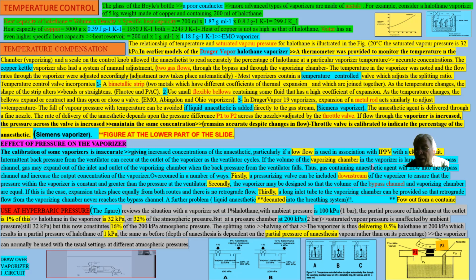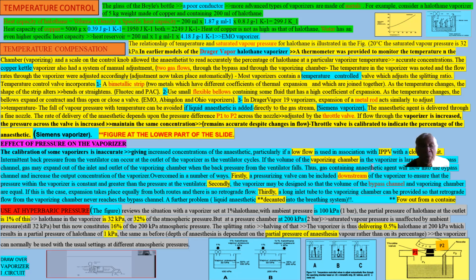This difference in pressure across the throttle valve, which is affected by the flow entering, is adjusted so that it will continue to give a constant concentration in respect of this flow. This is controlled by the throttle valve, as we can see from the figure on the lower part. This is the secret of the Selectatec vaporizer to overcome this temperature compensation problem.